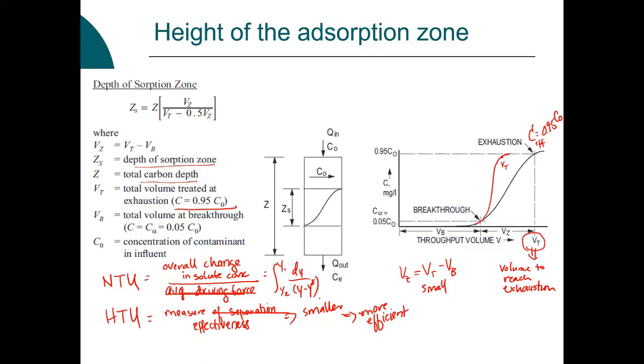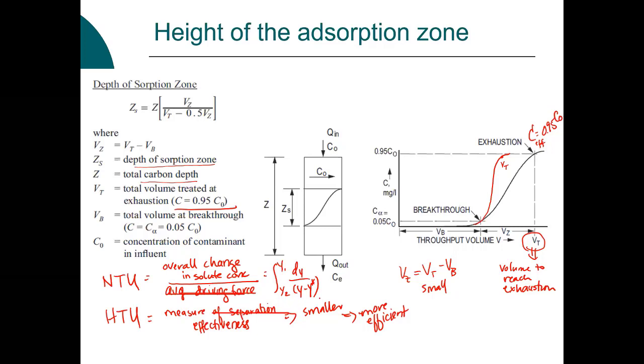So Y star is an equilibrium concentration. So the smaller the difference between the actual concentration and the equilibrium concentration, the larger the number of transfer units you need, which means you need a taller column or deeper column.